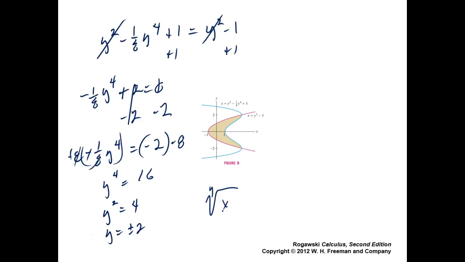So those are the points we're going to take. So that's where we're integrating from. But, like I said, I'm going to be really lazy and only go 0 to 2 and double it. So what we'll do then is the integral from 0 to 2 and double this. Now, we need to figure out which is to the right of the other.